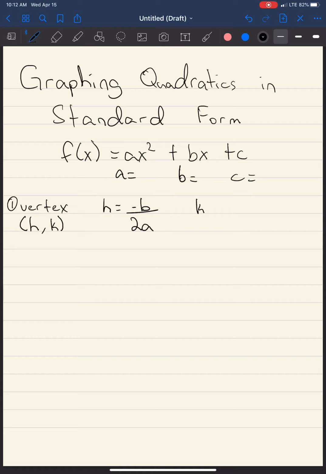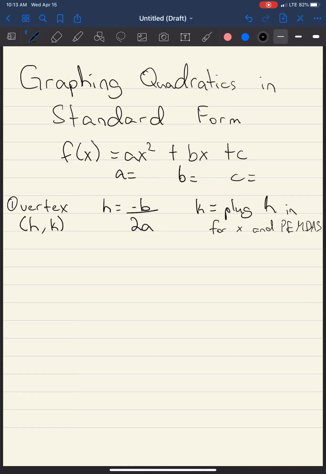Then to find K, we plug H in for our X and use PEMDAS.